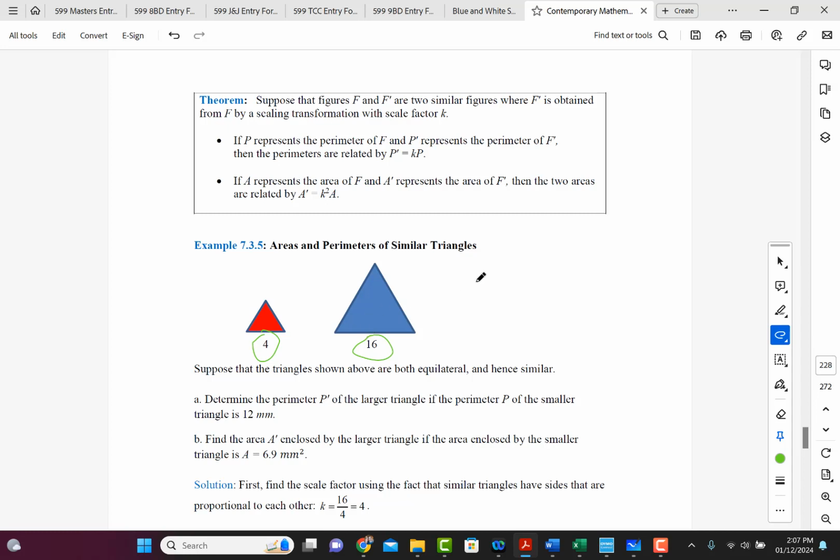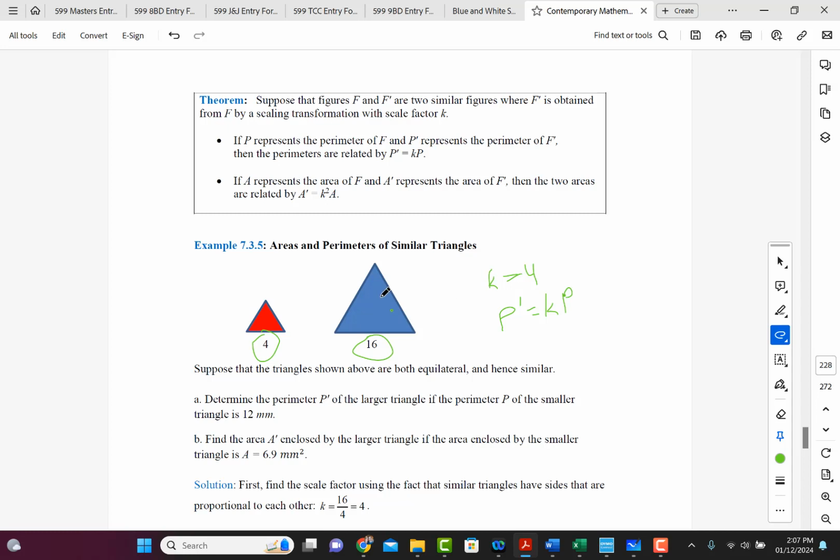So we can see very easily that the scaling factor, in this case k, is equal to 4, right? That means the perimeter P prime of the larger triangle is equal to, as we saw before, k times the perimeter of the smaller triangle, right?